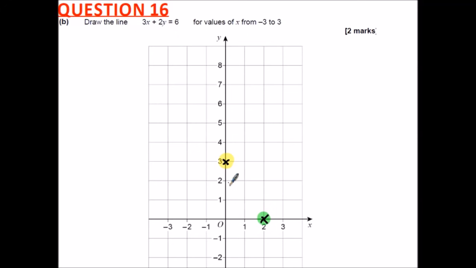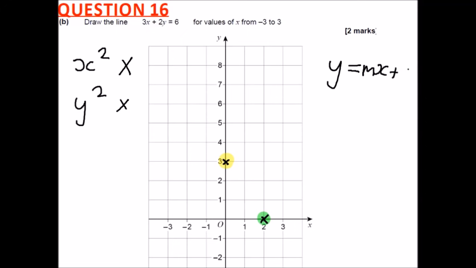then I'm almost there. Now here, you need to be confident in recognizing the equation of a straight line. A straight line will have nothing fancy in it. It won't have any x squareds, won't have any y squareds, nothing fancy, just normal x's, normal y's. So a certain number of x's, a certain number of y's equals 6. Typically the equation of a straight line is y equals mx plus c.